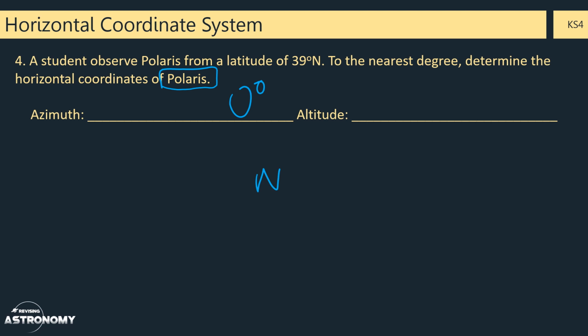And for the altitude, well, it's only telling us the latitude, which is 39 degrees north. But we know that the latitude equals the altitude of Polaris. So if the latitude is 39 degrees north, then the altitude must also be 39 degrees. This is a really common trick that we see in exam questions, so make sure you're looking out for it.